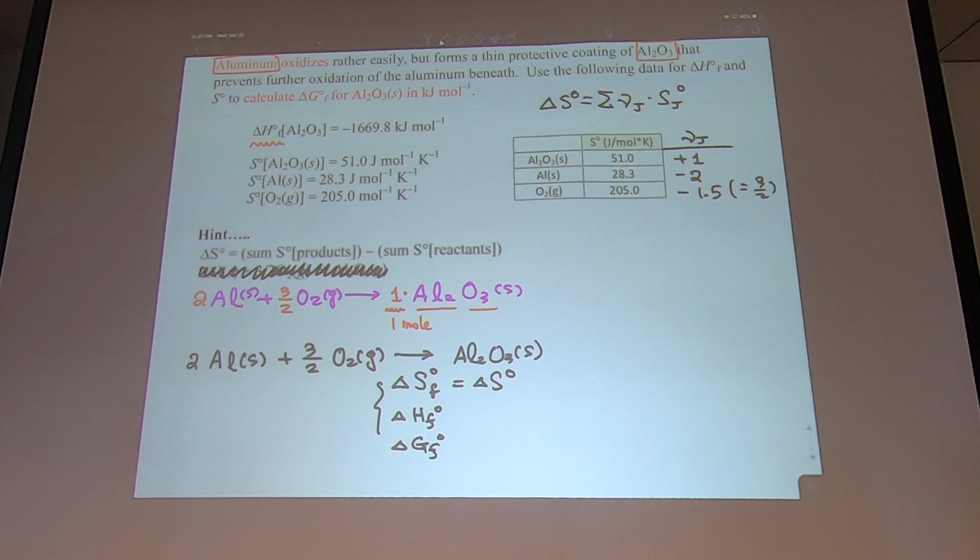You just multiply those numbers and add them together. Then you'll get delta S for that particular reaction, and we call that delta S naught for the formation of Al2O3. And that number is minus 313.1 joule per Kelvin.